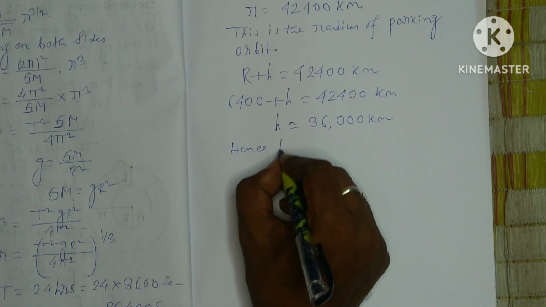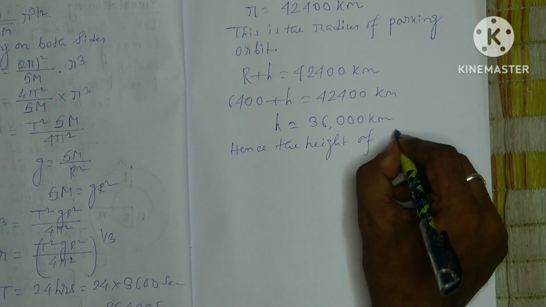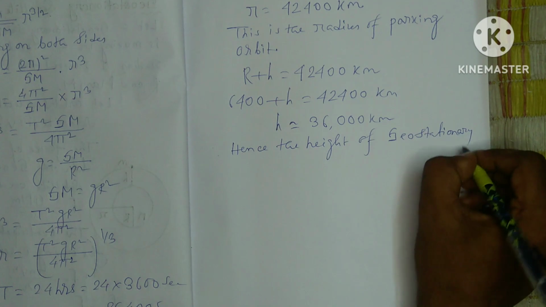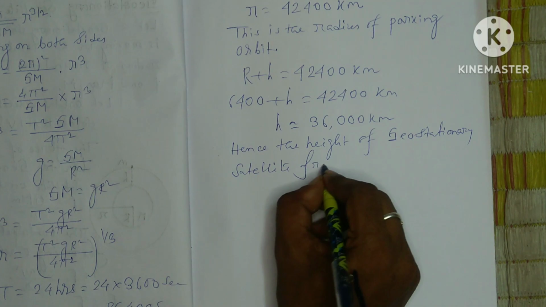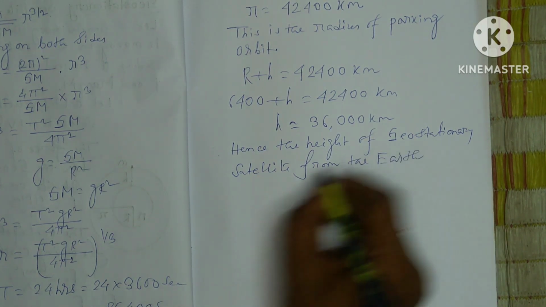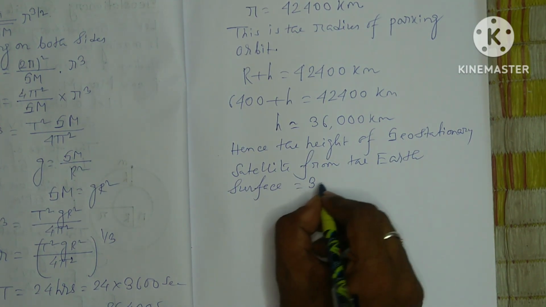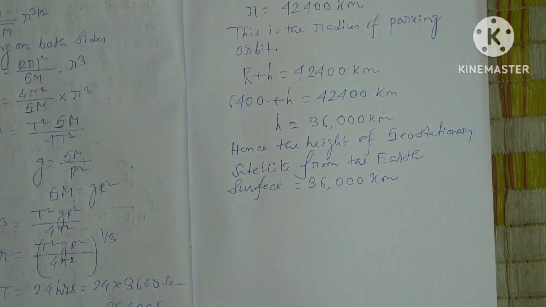Hence the height of the geostationary satellite from the Earth's surface is 36,000 km. This is the value of h.